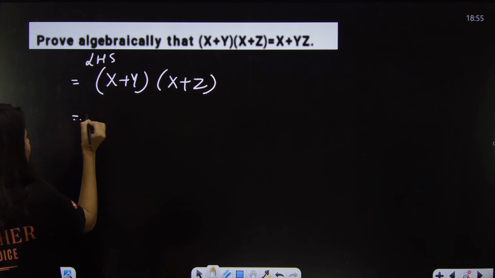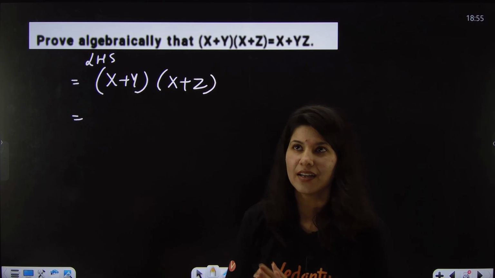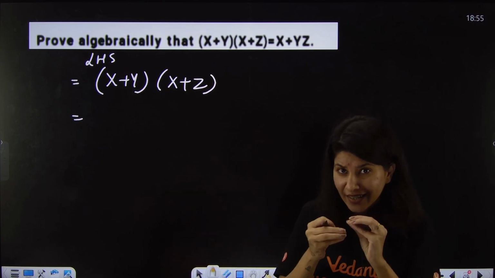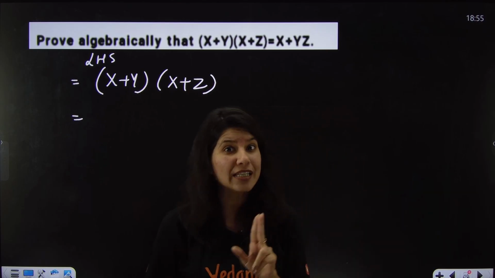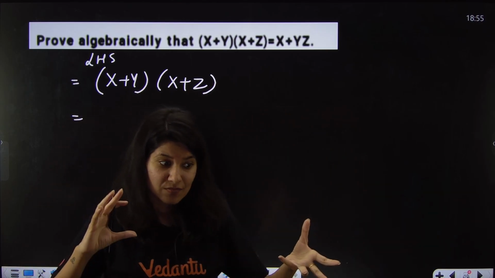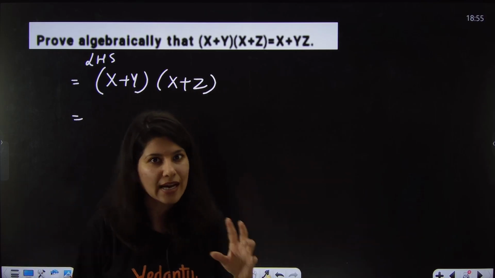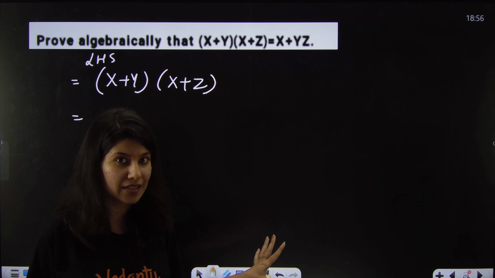Now what I'll be doing is I'll just do multiplication. Please understand that this is a little bit similar to mathematics, but not exactly the same. There are a few dissimilarities, and I will tell you where exactly you should see the dissimilarity.